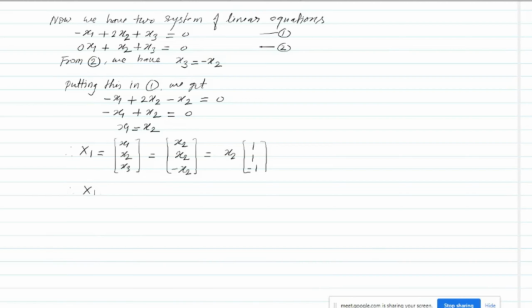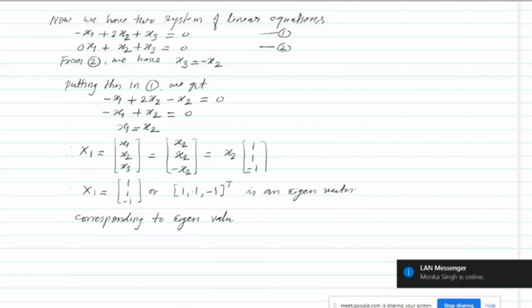Therefore we write x1 is equal to 1, 1, minus 1, or you can simply write down 1, 1 and minus 1 is an eigenvector corresponding to eigenvalue lambda 1 equal to how much? 1. Okay, so this is for the first case.